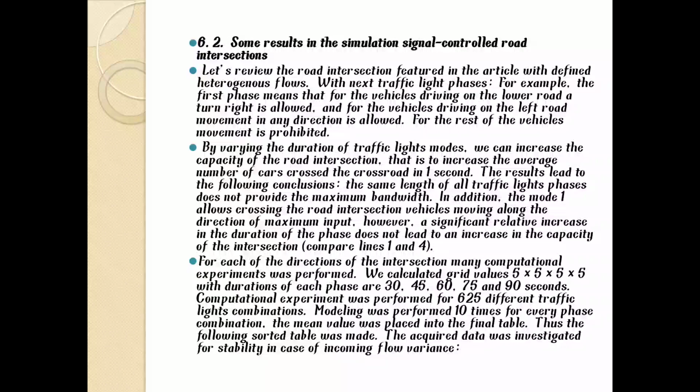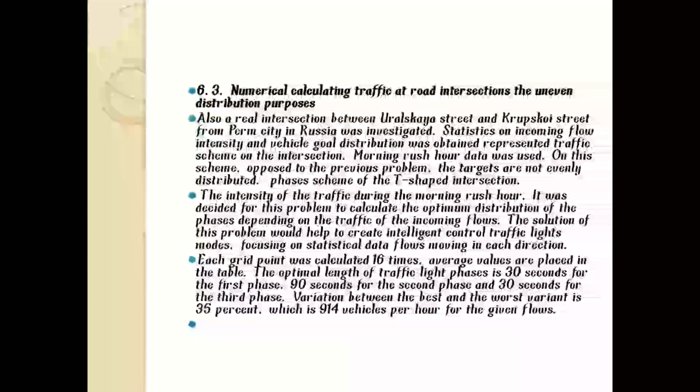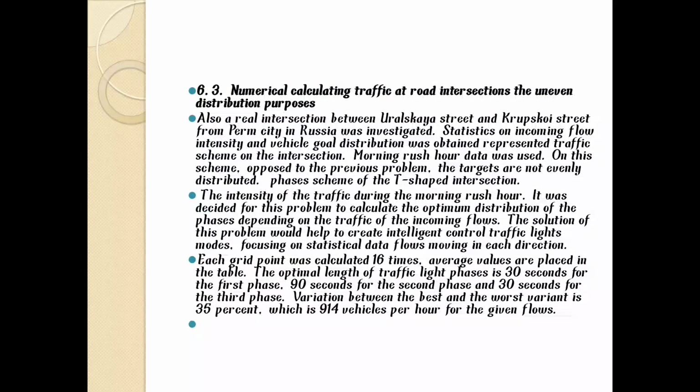The obtained data was investigated for stability in case of incoming flow variance. Numerical calculation of traffic at road intersections with an uneven distribution was also performed. Also, a real intersection between Ural Kaya Street and Krupskoy Street in Perm City, Russia was investigated.